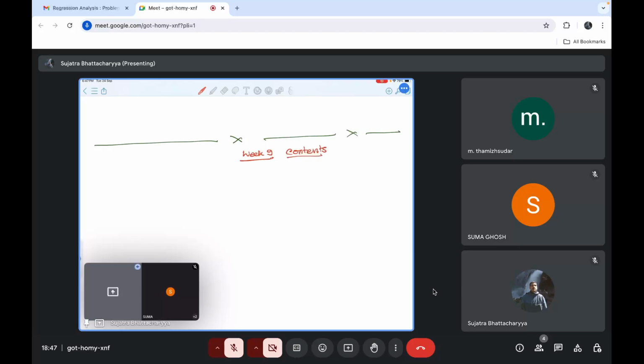So right now what we were doing is that we have seen the model adequacy checking and all those things. Suppose we have some given data.